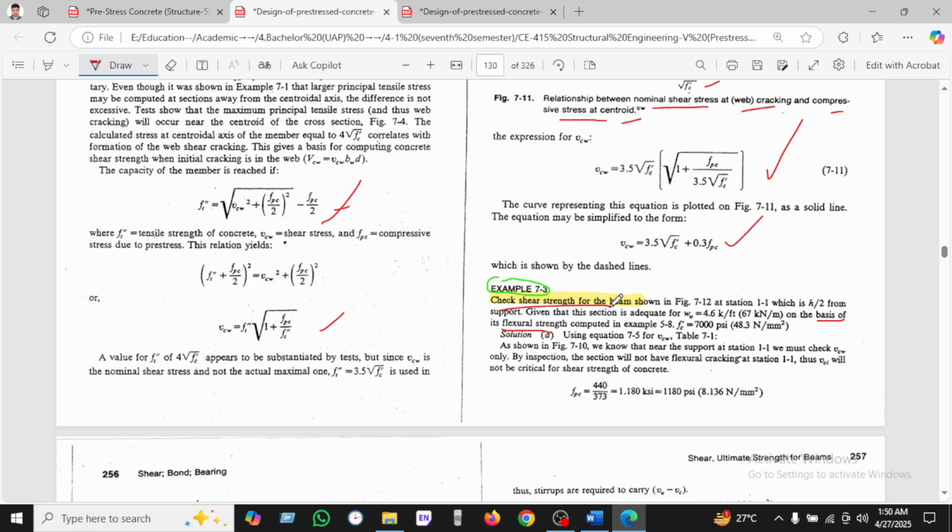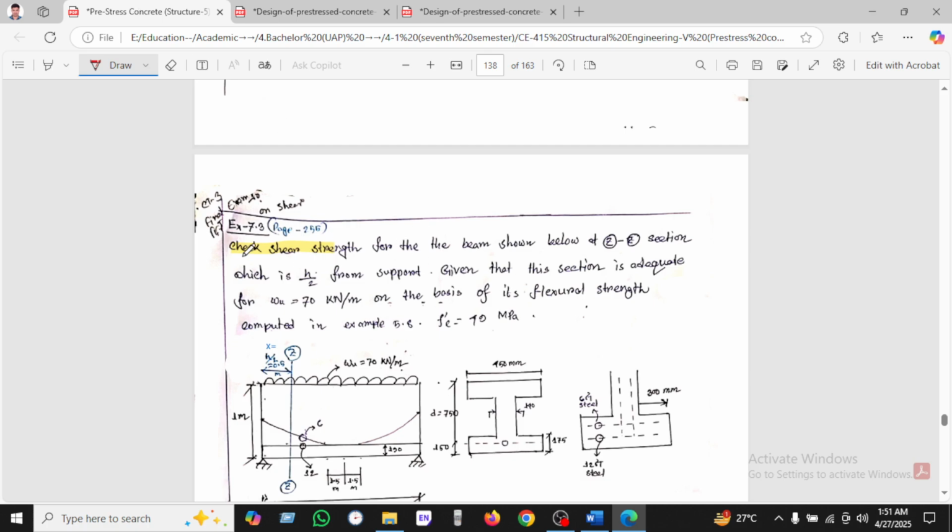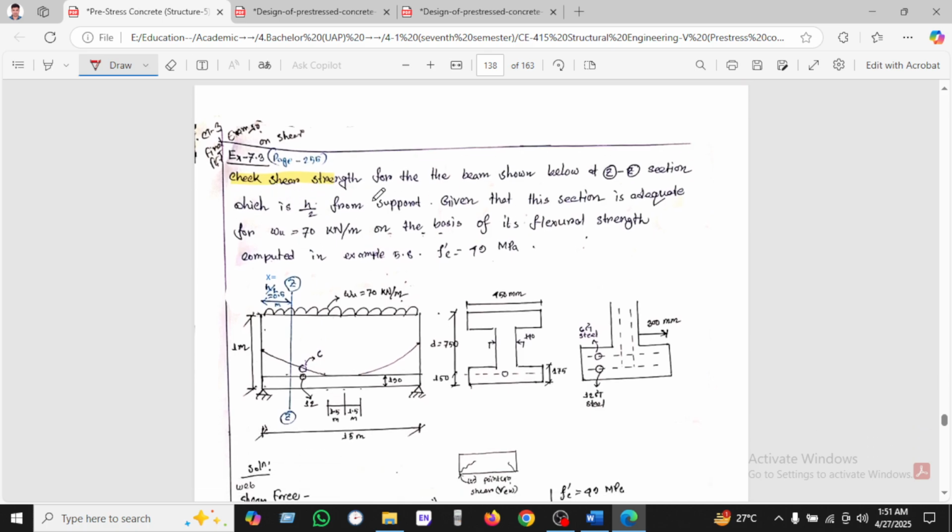So let's see an example from here. Check the shear strength for the beam shown below. This is the section at distance x, which is h by 2, 0.5, from the support, and the whole length is 15.